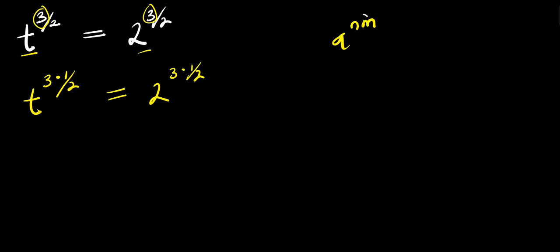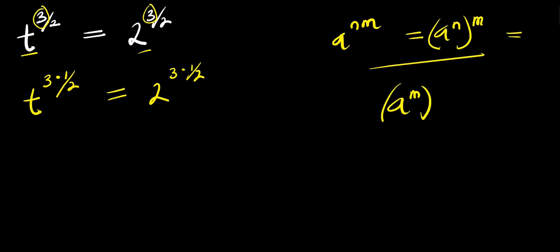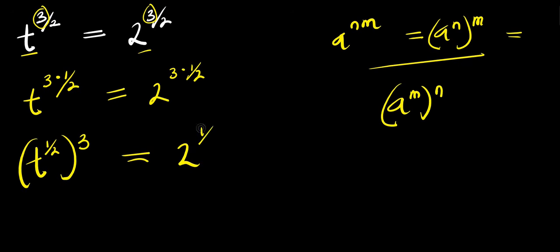A power n times m equals a power n to the power of m, and this also equals a power m to the power of n. Applying that here, we have t power 1 over 2 to the power of 3 equals 2 power 1 over 2 to the power of 3.